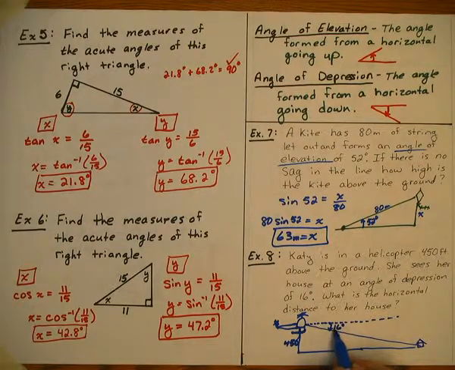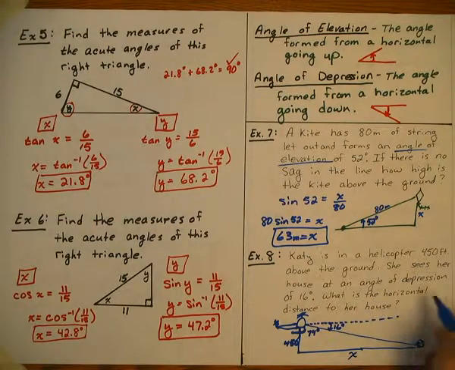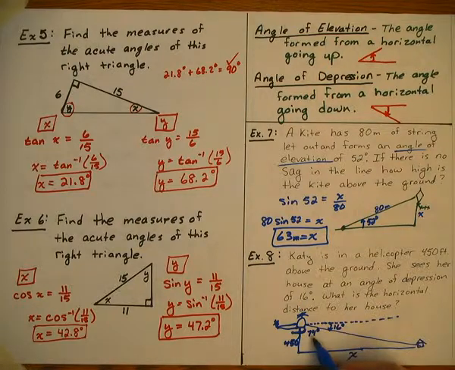Now, if this angle is 16 degrees, the angle in the triangle here would be 90 minus that angle, which would be 74 degrees. And the question is, what is the horizontal distance to her house? That's right here. And so we can write our trig function. This is opposite and adjacent.